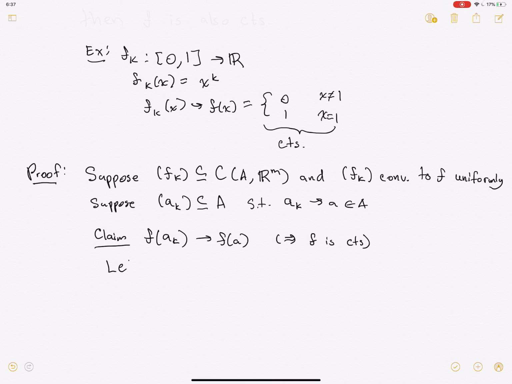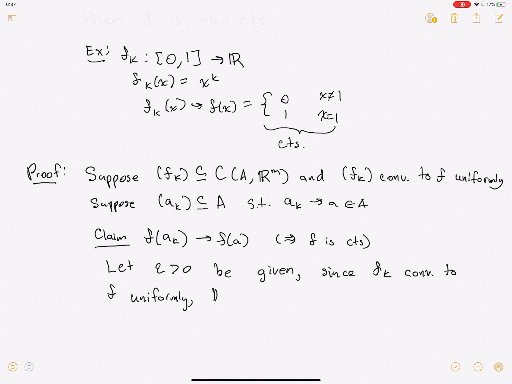So let epsilon greater than 0 be given. Since f_k converges to f uniformly, we get that the supremum norm, or the uniform norm, goes to 0.